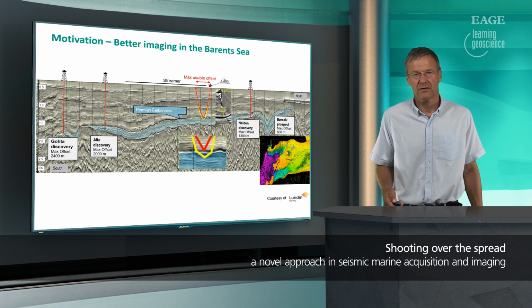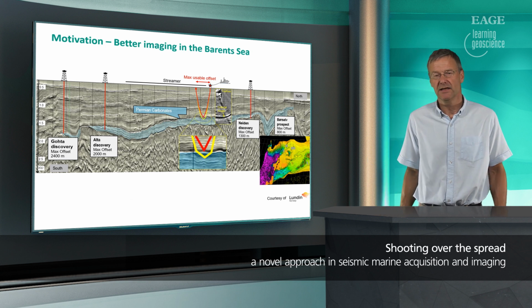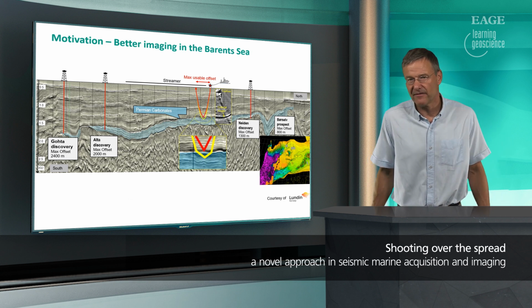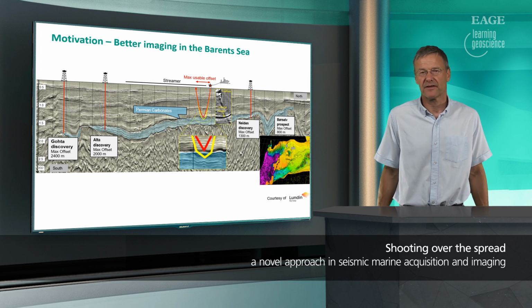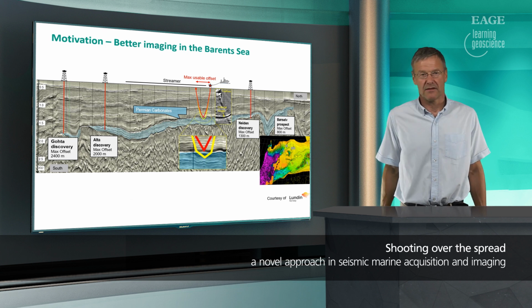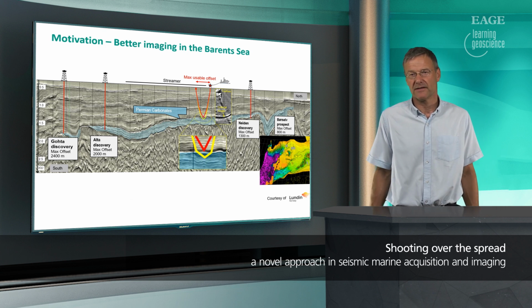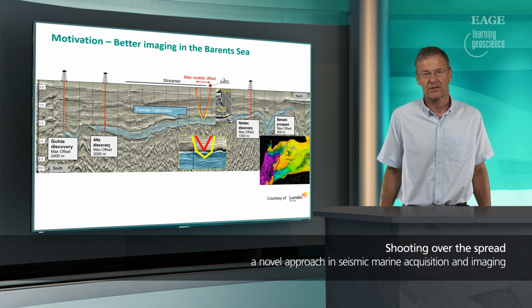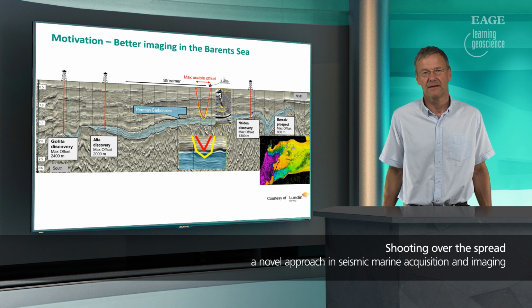If we zoom in to the reflection at the Permian carbonates, you can see how the rays bend, and that creates a very small maximum offset that can be used. The various maximum offsets for the 4 discoveries are shown from left to right: Gohta discovery, Alta discovery, Lundin discovery, and Reservoir prospect.